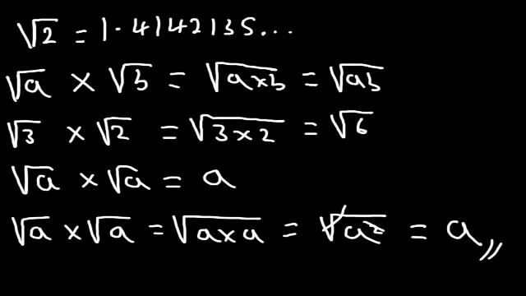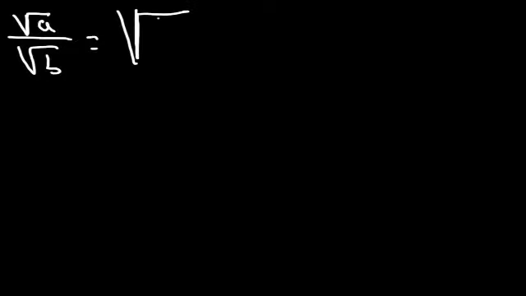Now, what about the next one? That is known as the quotient law or the division law. This says that when you have two surds divided by each other, then this is equal to a square root of their division. So just take one square root and combine them within the radical.